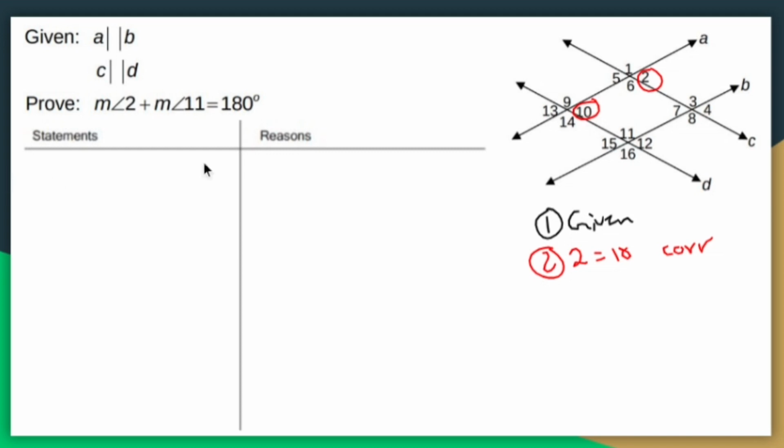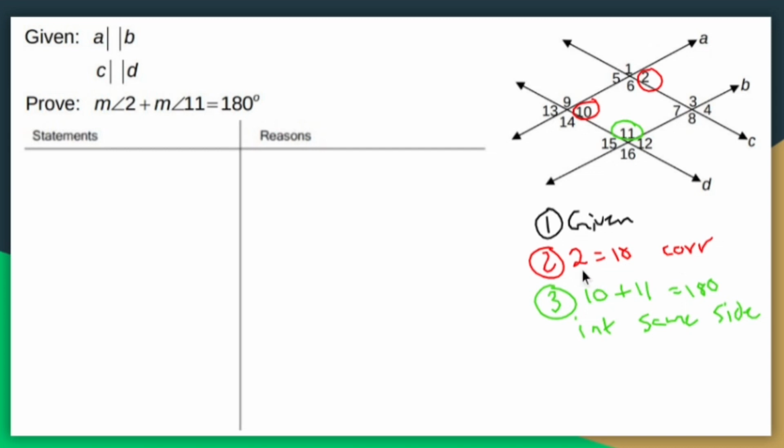Can I get from 10 to 11? Not really, but what I can do is say that since C and B are parallel, 10 plus 11 is 180, and that's because the interior same side angles add up to 180.